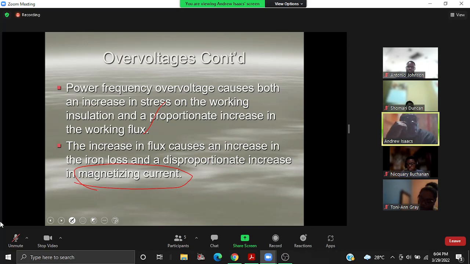But what we are saying now is, if you are seeing an increase in the magnetizing current, that current being taken in for magnetization is not providing any useful benefit to the load. All it is doing is going in to supply flux to the core.